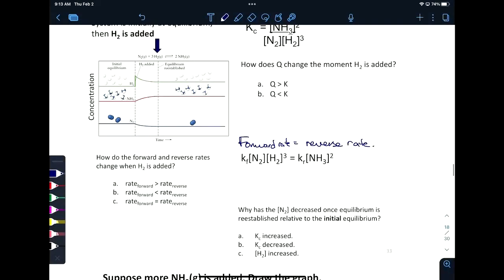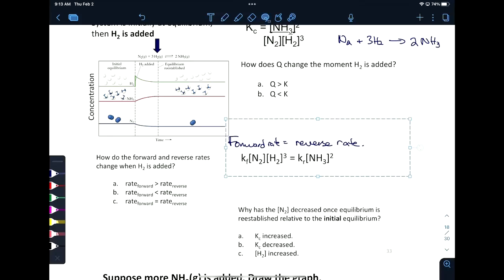We have N2 plus 3 H2 giving us 2 NH3. When we're at chemical equilibrium, the forward rate equals the reverse rate.